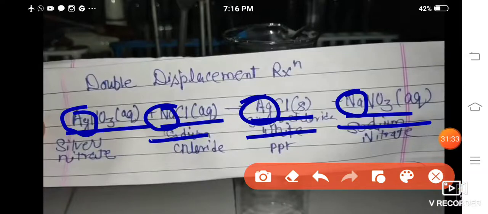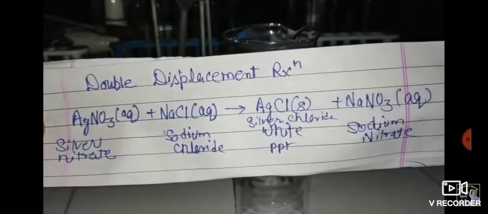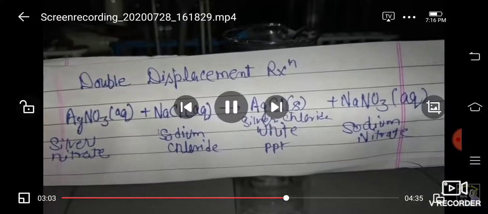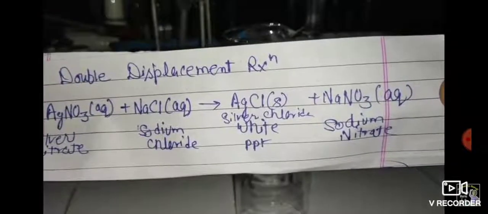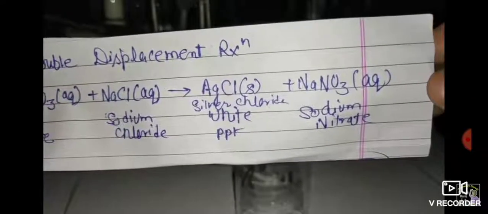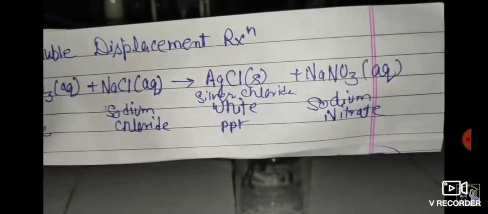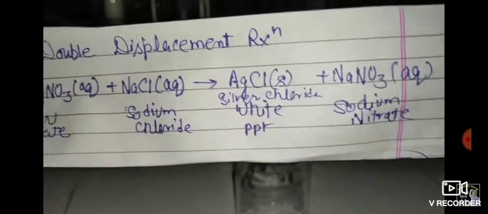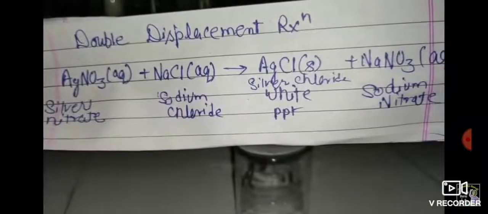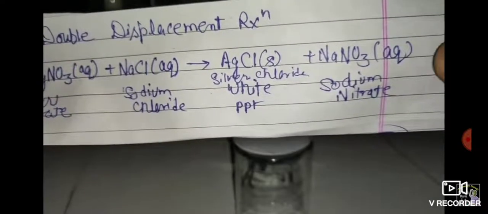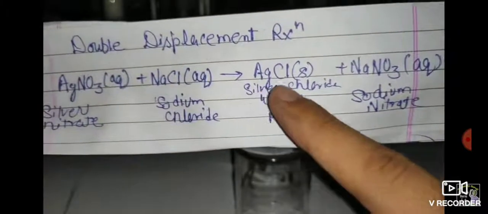Okay, now let me continue this. So this is a double displacement reaction, because you can see this white precipitate which has been formed, that is silver chloride, and sodium nitrate is the upper solution.